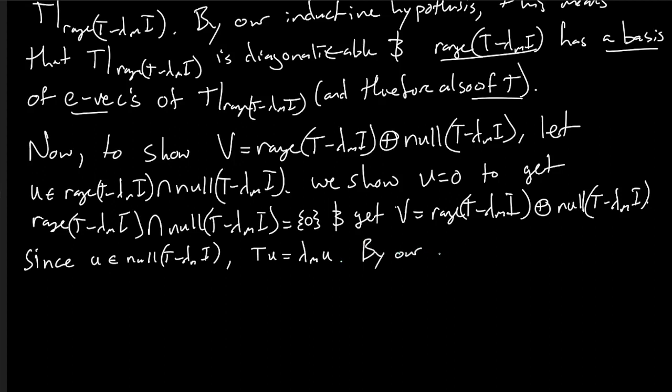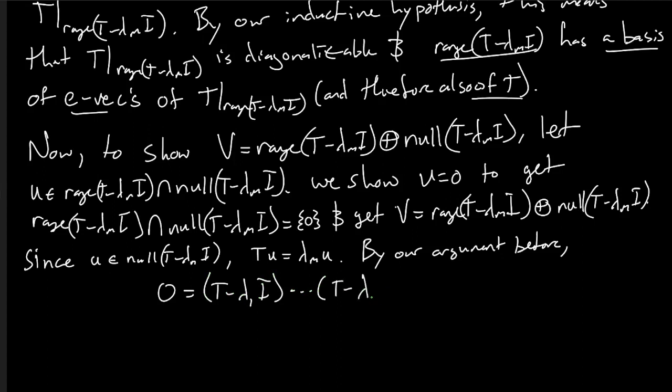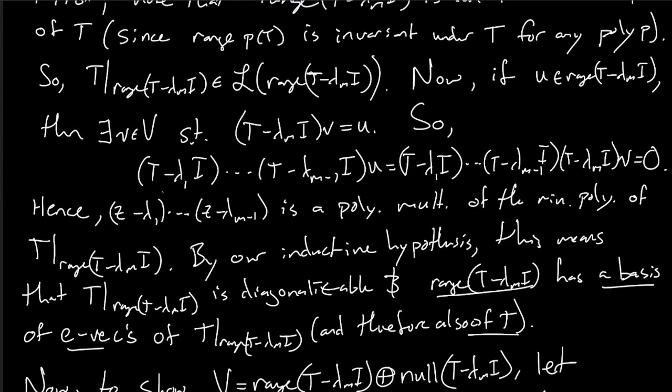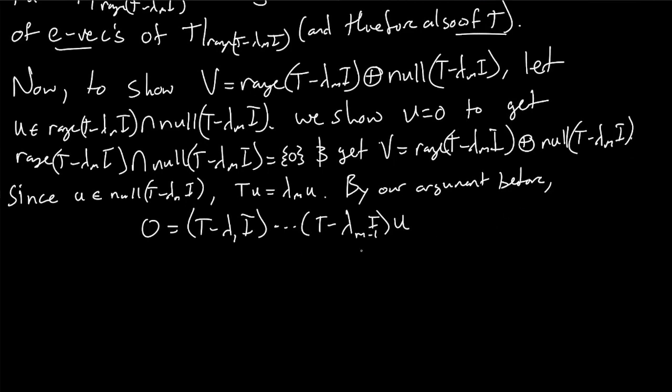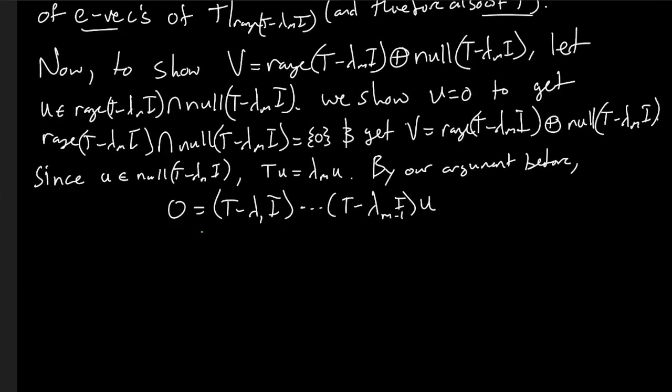By our argument before, 0 is equal to (T minus lambda_1 I) product all the way down through (T minus lambda_{m-1} I)u, right? Since we can just take u right here and pop it over to have some v there and add on this T minus lambda_m I piece there. But now, watch what this says. Well, just distribute it on through.